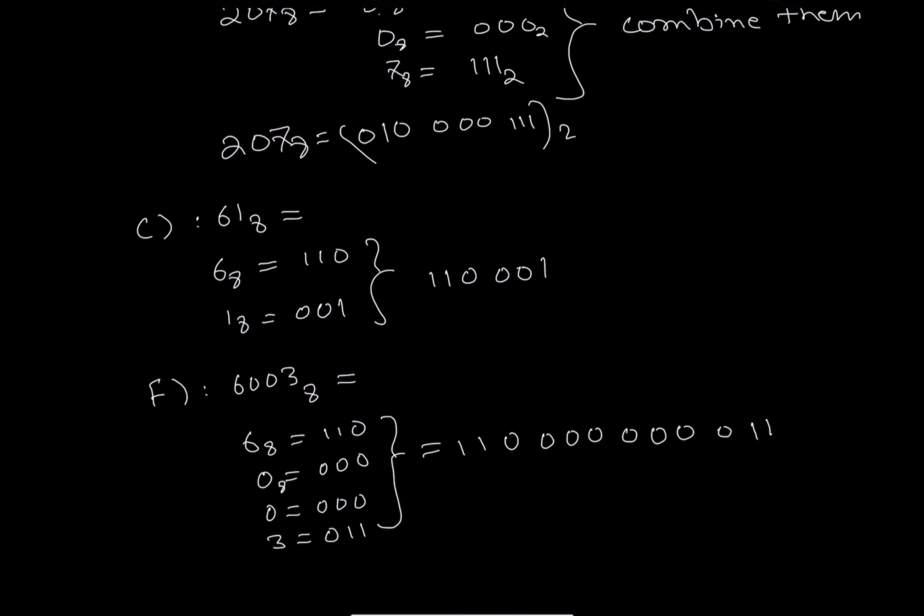So that is our binary number equal to 6003 base 8. Okay, so we got the number 110000000011, which is 11, then eight zeros in between, and then 11.